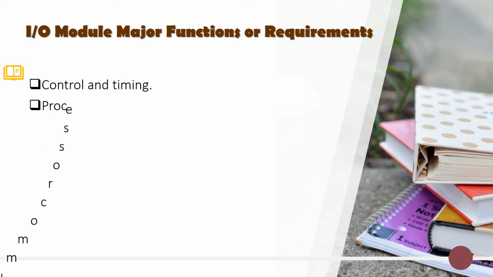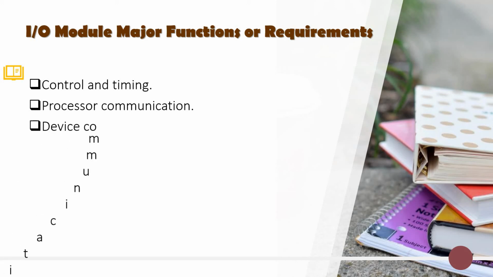Processor communication. The I/O module must also communicate with the processor and with the external device. Processor communication involves command decoding, data, status reporting, and address recognition. Device communication. On the other side, the I/O module must be able to perform device communication. This communication involves commands, status information, and data.